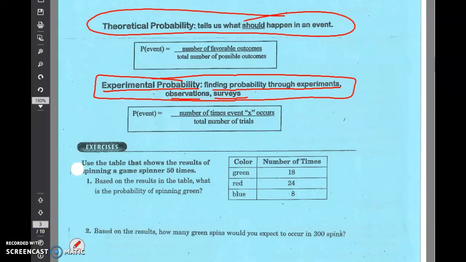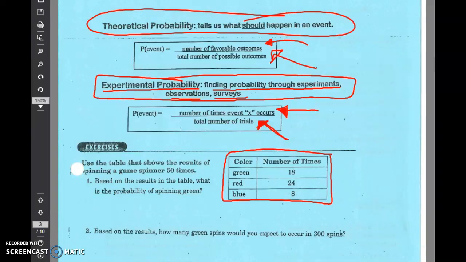Your denominators are still the total number of outcomes, but in this case for experimental, it's how many times the person performed the experiment. And the numerator value is still your part. It's how many times this particular event occurred, whereas instead it was favorable outcomes or what should happen in theoretical. We're going to look at the results of this table here as a couple examples.